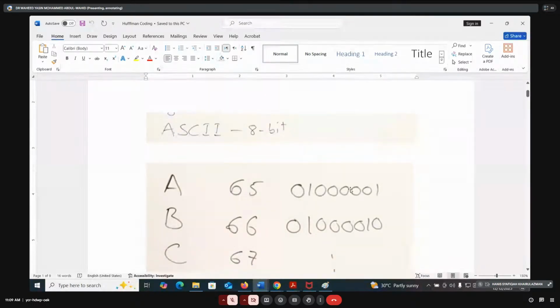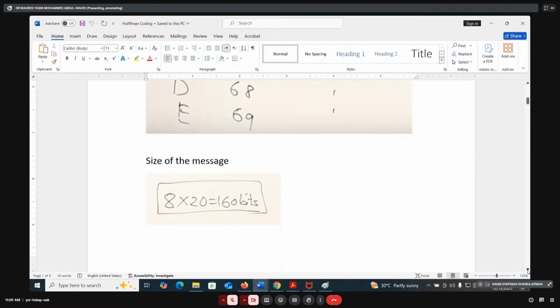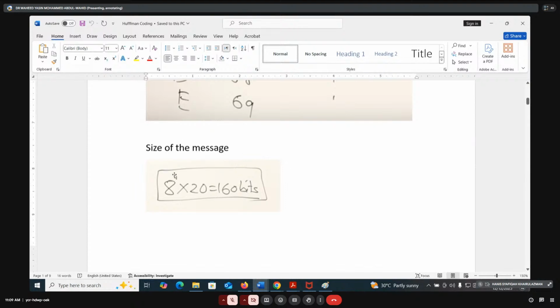So the size of the message is 8 bits for each character.